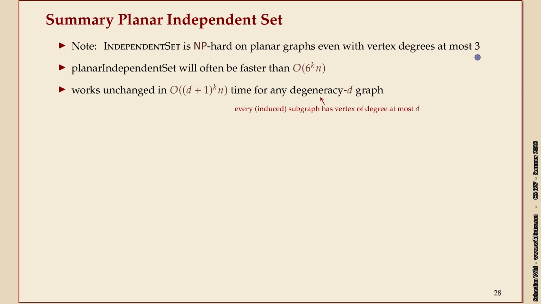So even a much more restricted version of independent set is an NP-hard problem. So you can't expect to solve it in polynomial time, but this FPT time is possible. And the same algorithm works for any bounded degeneracy graph. All we used was that there's always a small degree vertex, and then we can bound the running time in a similar way.